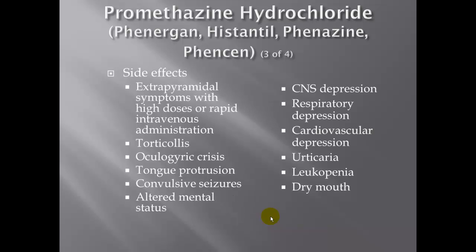Side effects: can get extrapyramidal symptoms with high doses or rapid IV administration, torticollis, stiff neck, oculogyric crisis, which is spasmodic movement of the eyeballs, tongue protrusion, convulsive seizures, altered mental status, CNS depression, respiratory depression, cardiovascular depression, urticaria, leukopenia, and dry mouth.